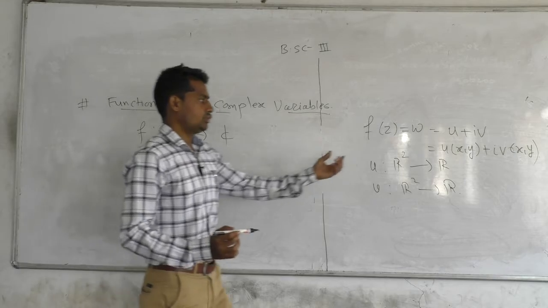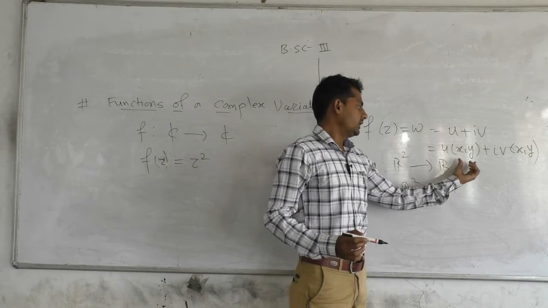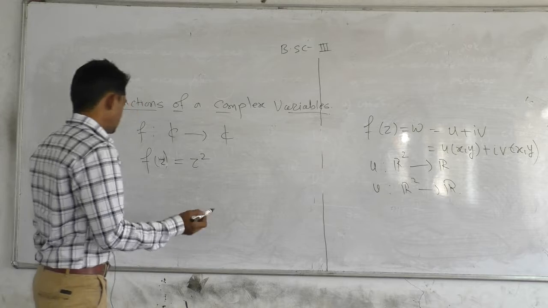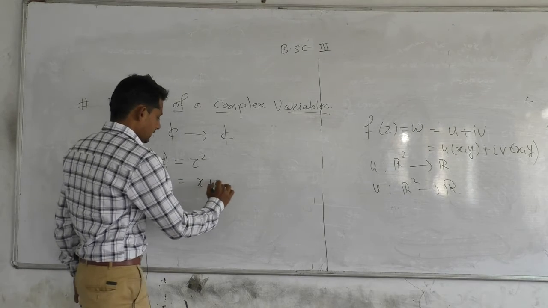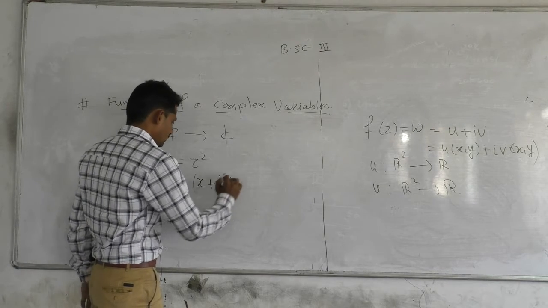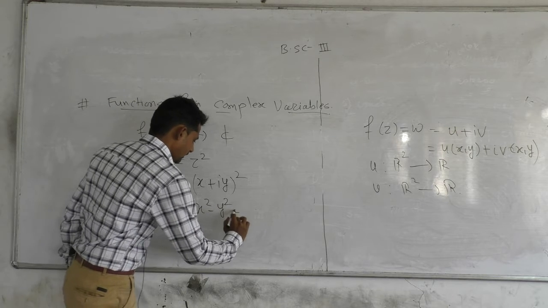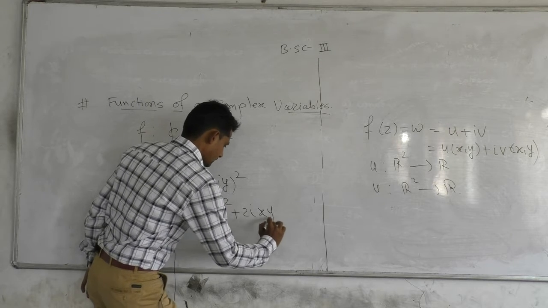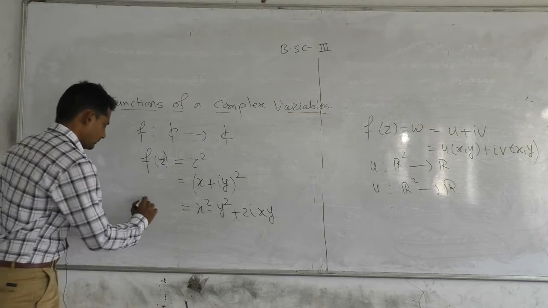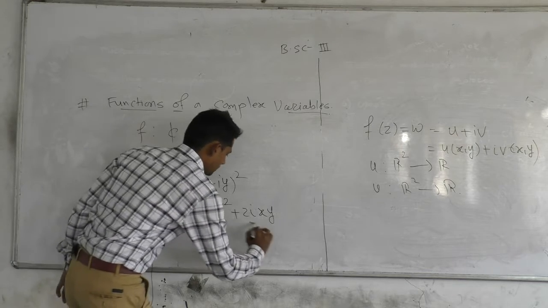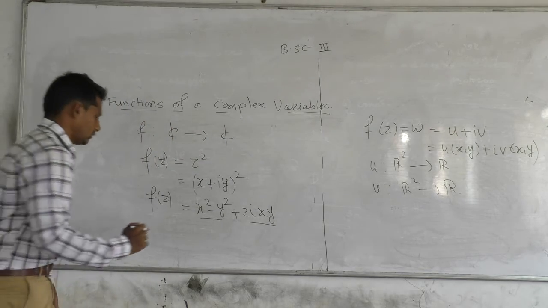Now I am going to find the real part and the imaginary part of this function. So z squared is (x + iy) whole squared, which is x squared minus y squared plus 2i xy. So f of z is equal to this. This is the real part of this complex number and this is the imaginary part.